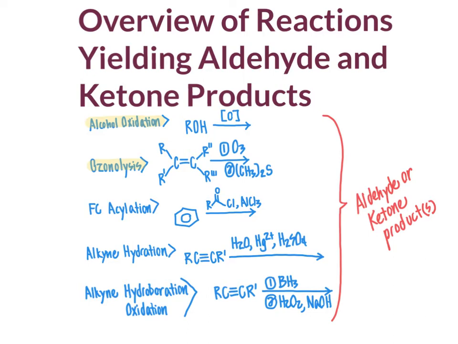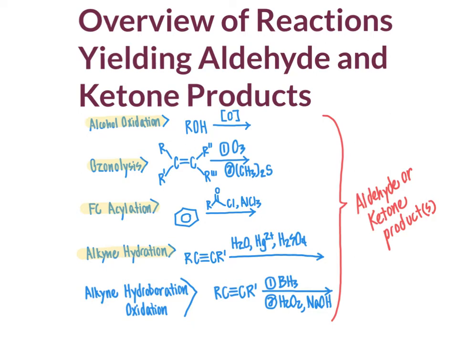Friedel-Crafts acylation, we just learned about in the last chapter, but we will go ahead and include that here on our list, where we are bringing in an acyl group as the electrophile to complete a substitution reaction on an aromatic ring. Alkyne hydration is a throwback reaction to Organic Chemistry 1, where we started with an alkyne using water with sulfuric acid as a catalyst and quite possibly as well mercury 2+ as a catalyst.